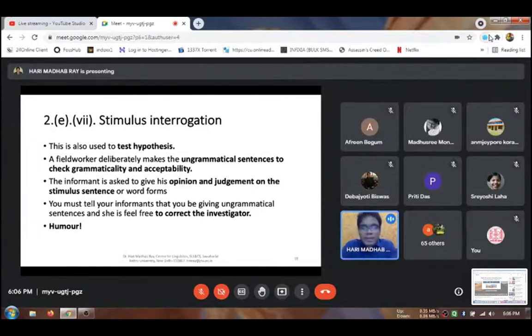At times I heard Bengali speakers say Ram chai piti hai. Or at times many people say chai pini hai. Chai is basically feminine. These are some of the things we do not know. So you keep on making new sentences, and then you ask or request the informant, please correct me, and it produces lots of humor at times.